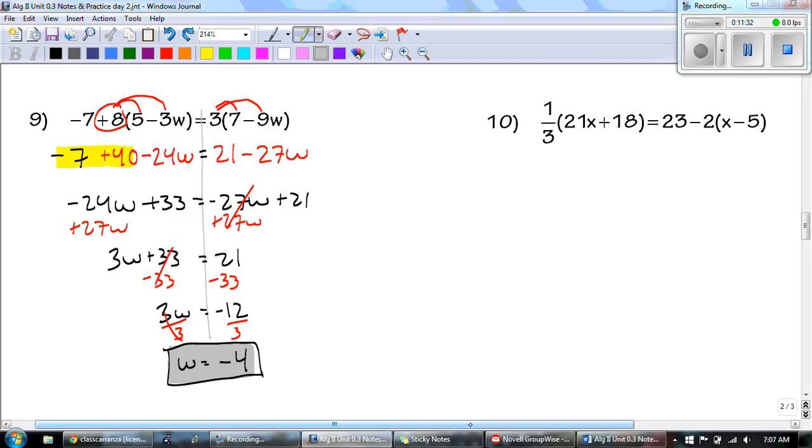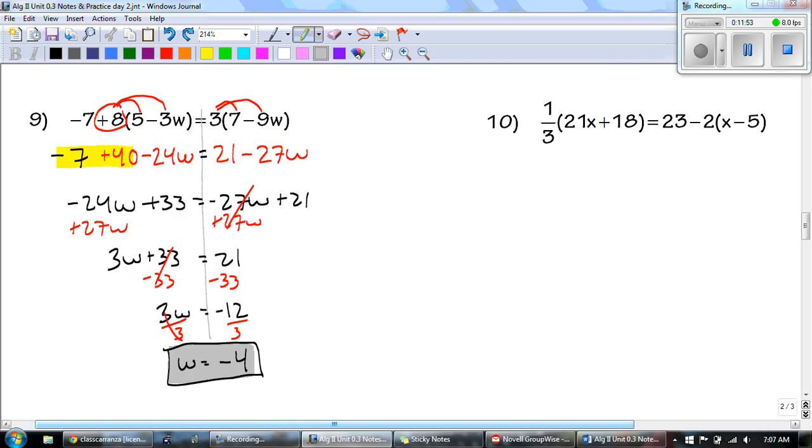Now, if you aren't moving the smaller variable, the only thing you have to pay attention to is your negative signs, because you will be working with a negative variable. And that really comes into play when we're solving inequalities, dividing by negatives and flipping signs and stuff like that. But for right now, you don't have to worry about that.